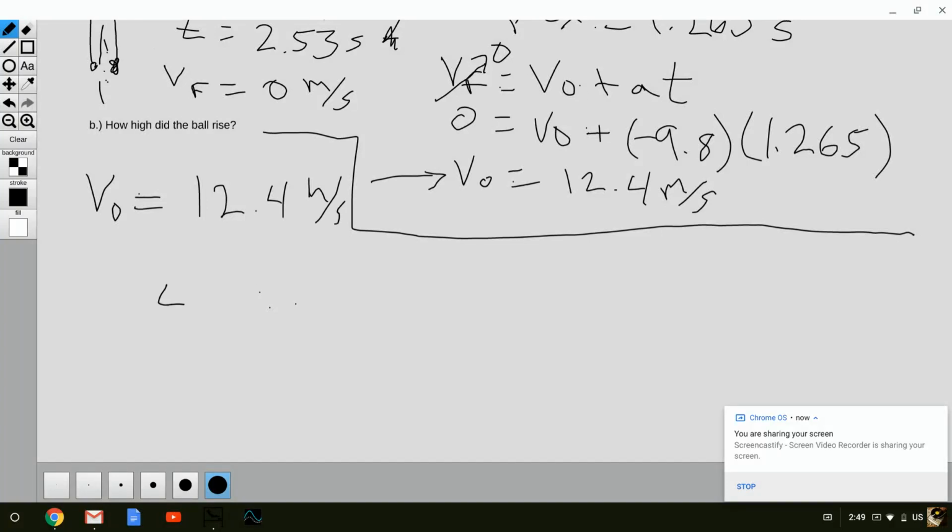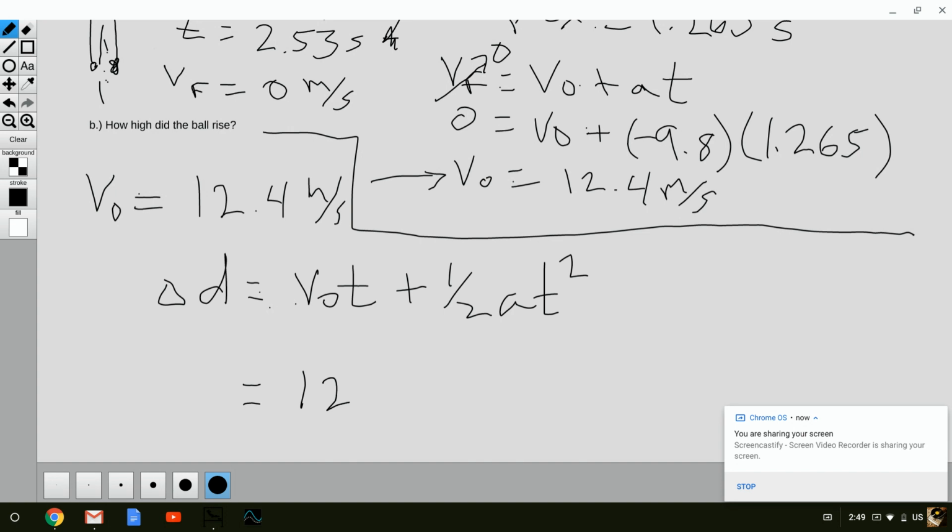So the equation I'm going to use here is just this one. Displacement equals V naught T plus 1/2 AT squared. Nothing goes away. Nothing will cancel here because I don't have any zeros.